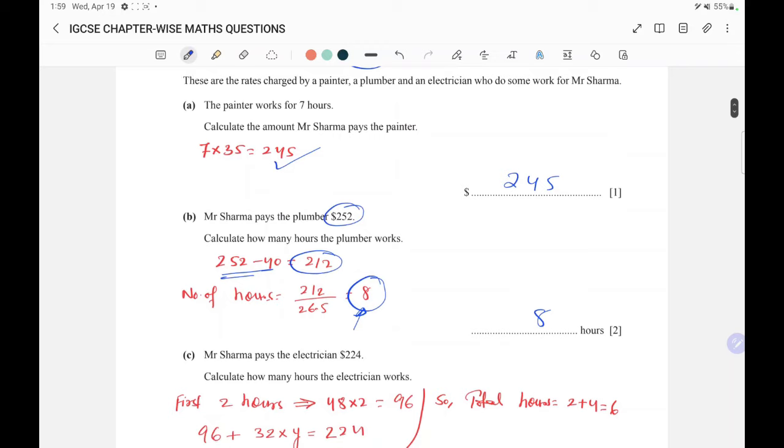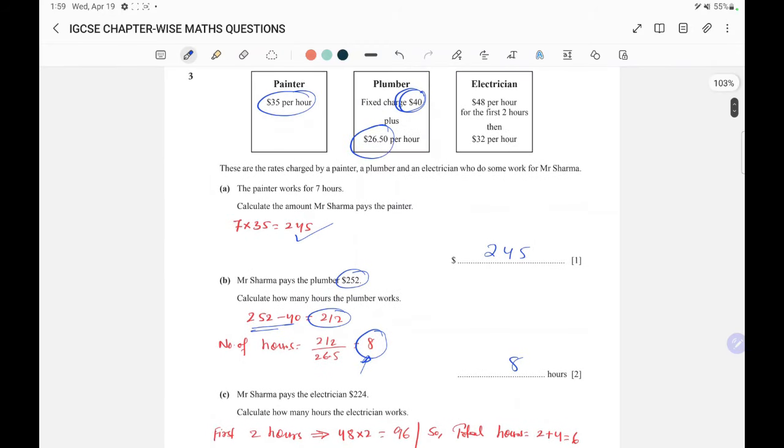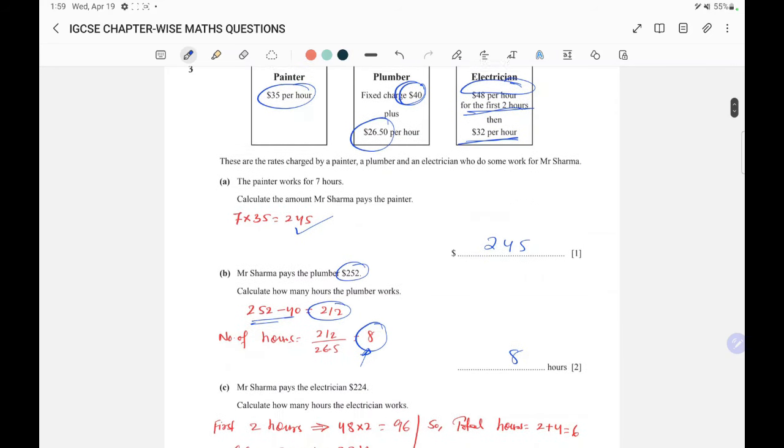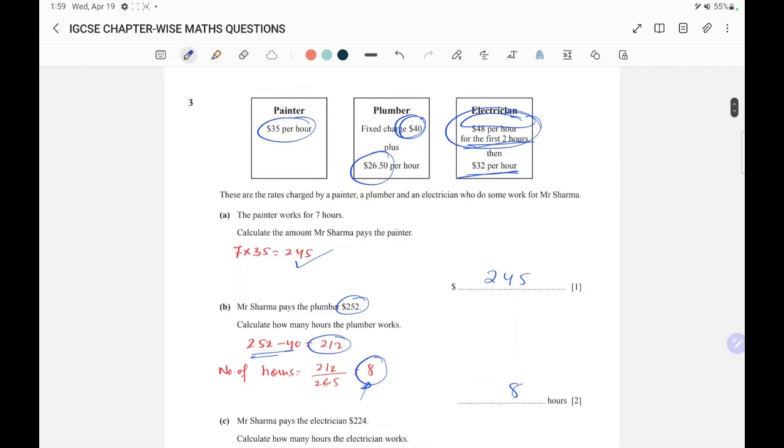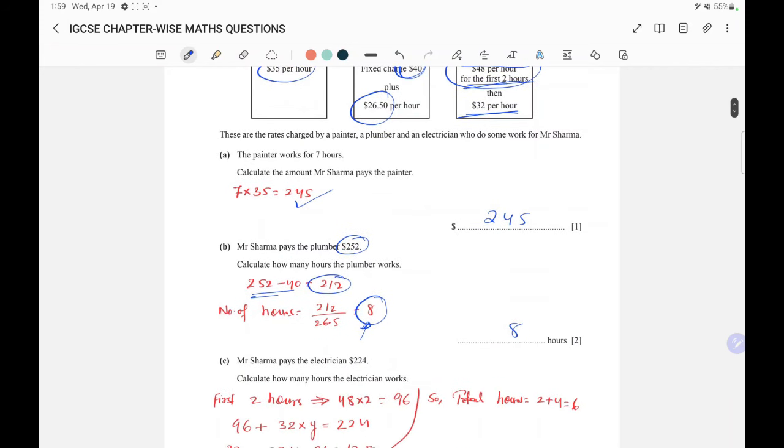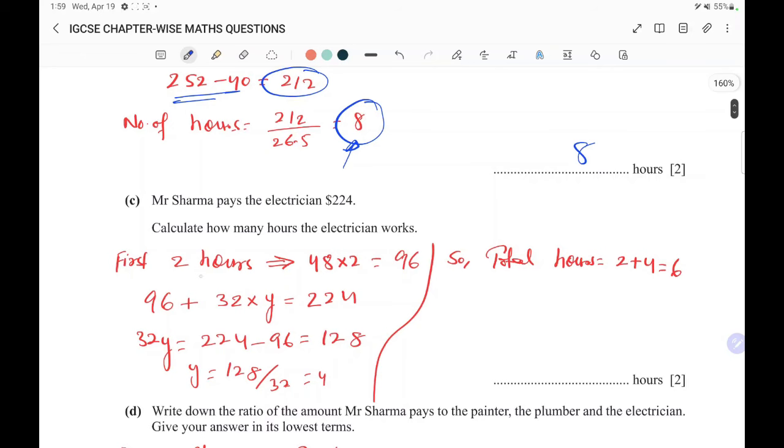Now Mr. Sharma pays the electrician $224. Calculate how many hours the electrician works. So $48 per hour for the first 2 hours, then $32 per hour. So what we can do is find the amount for 2 hours: 48 times 2, first for 2 hours, that is $96.